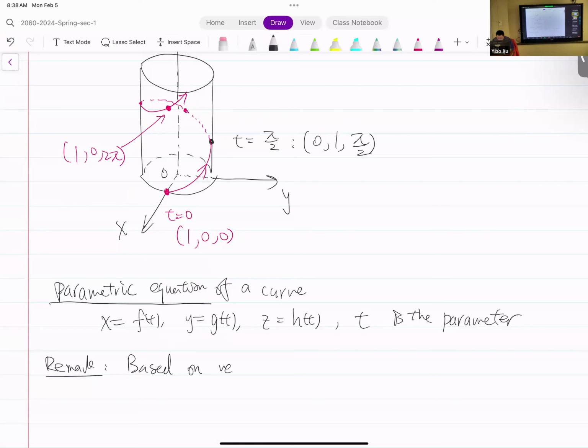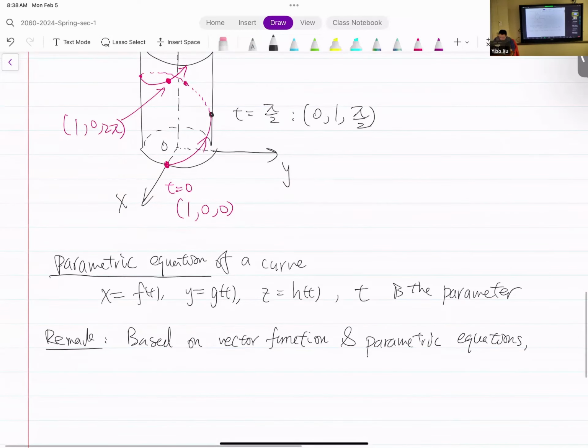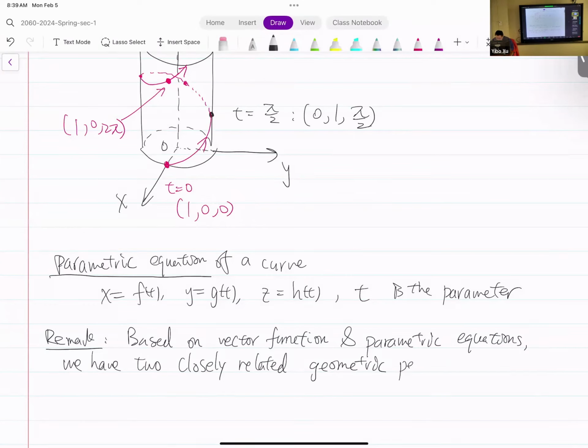Based on the vector function and parametric equations, we have two closely related geometric perspectives of space curves.